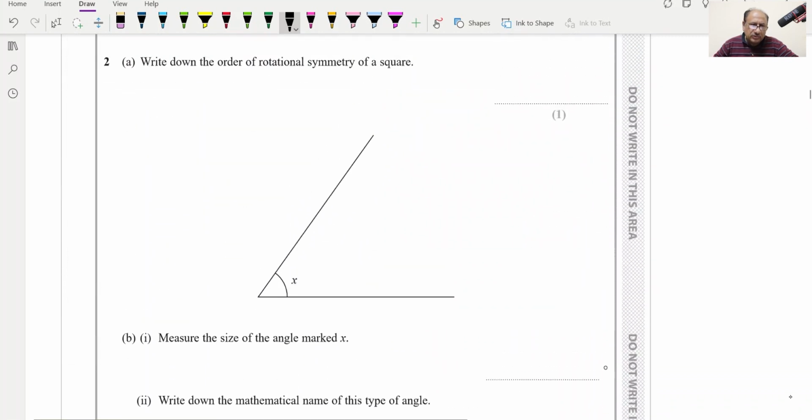Now we can move to question number 2. Question number 2 says write down the order of rotational symmetry of a sphere.